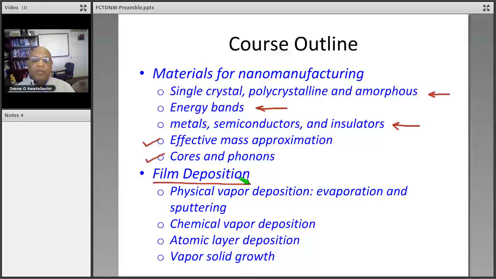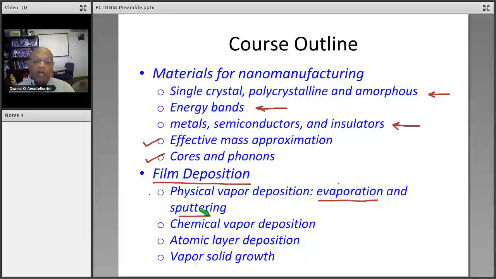And to discuss film deposition, we will go through different types of film deposition. We will look at physical vapor deposition. We will also look at evaporation and sputtering as examples of physical vapor deposition. So we'll focus mainly on evaporation and sputtering.